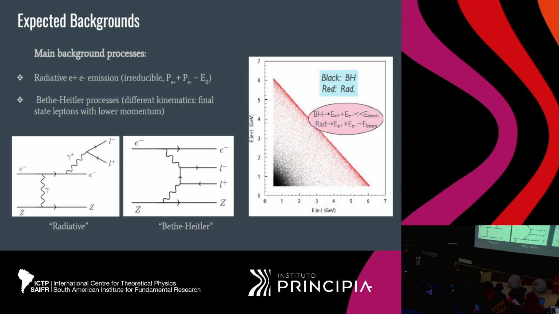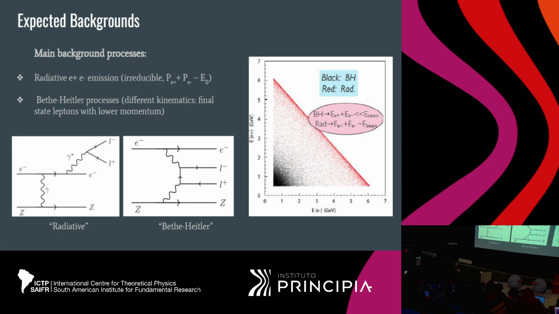Okay, so what are the main backgrounds for this search? All the standard model processes that can result in the same signature for the experiment. So radiative processes, where you have a radiation of a virtual photon which decays into an electron and positron.